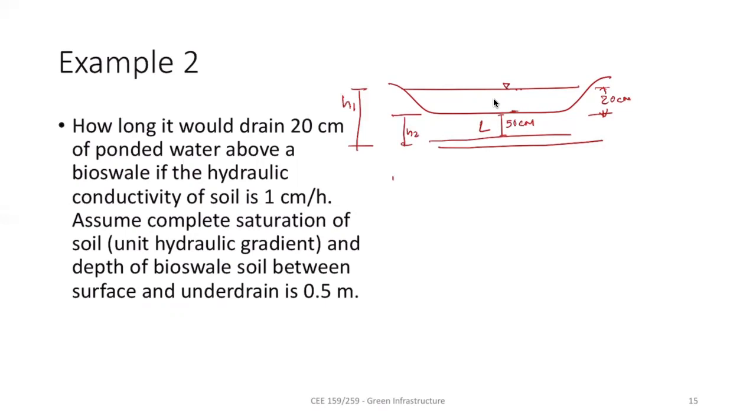So H1 would be 50 centimeters plus the 20 centimeter column above it, so that would be 70 centimeters. And the final would be 50 centimeters. You know L, which is 50 centimeters. We asked you to calculate time. So again, this is the falling head method.